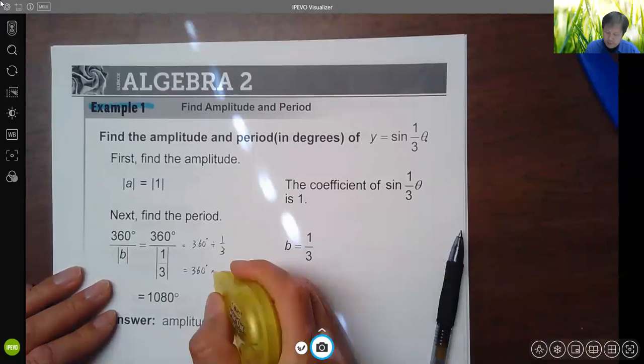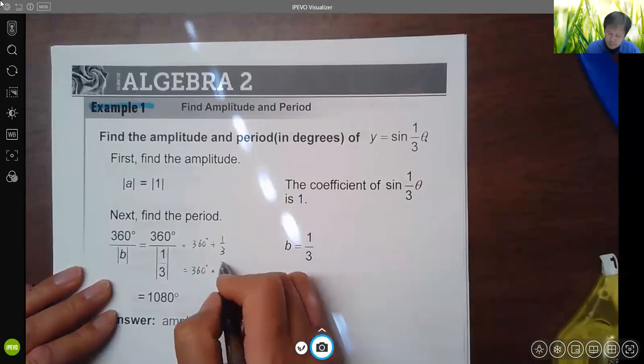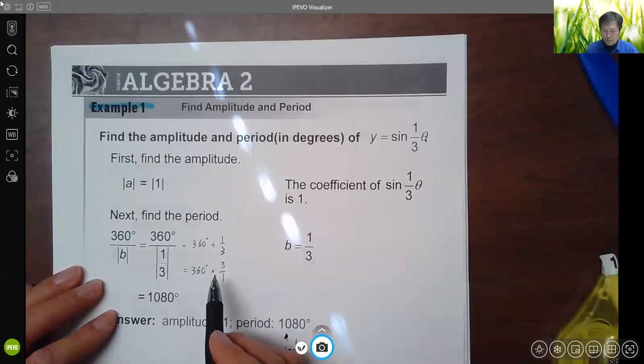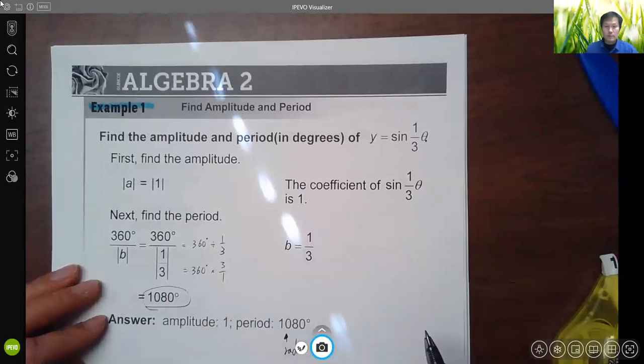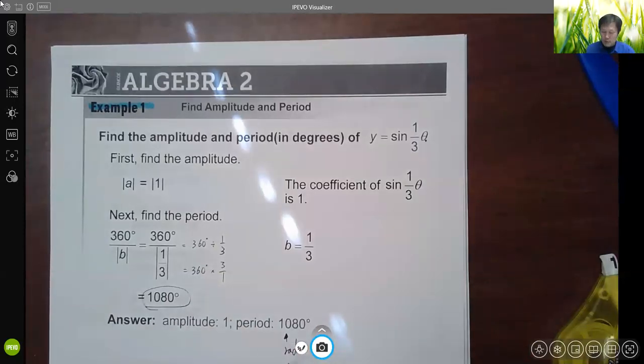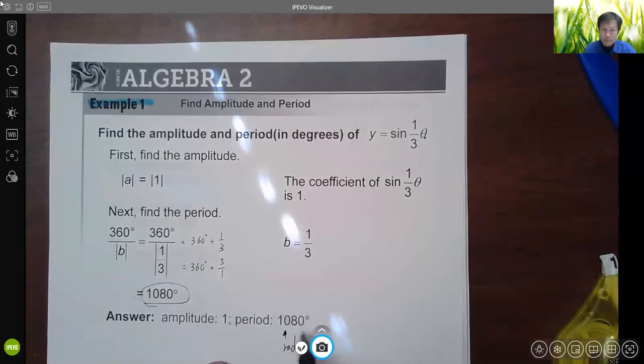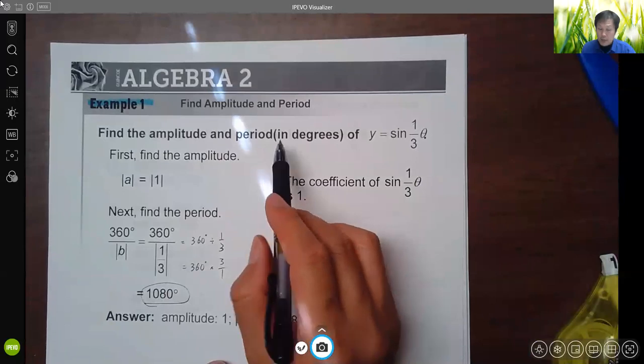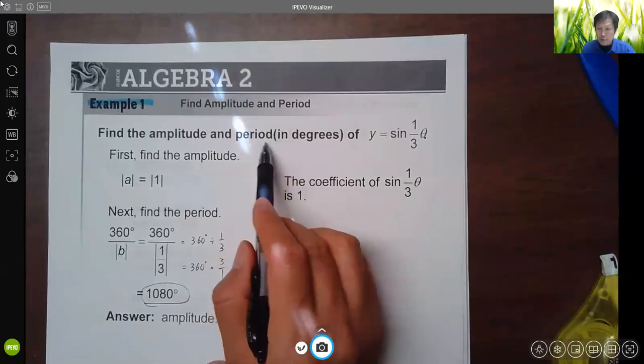So you have to flip it. So you multiply that, you will get this. So here is the answer, but I want you to practice. Most of the time, they will ask you period in radians.